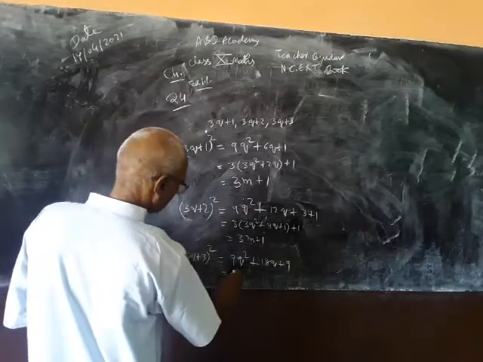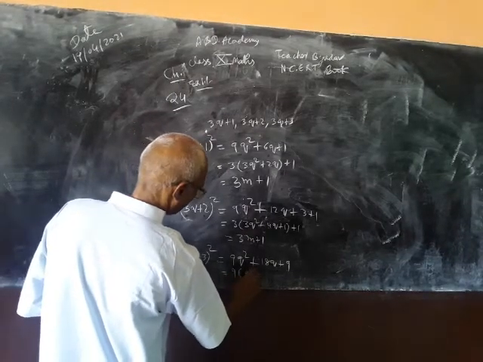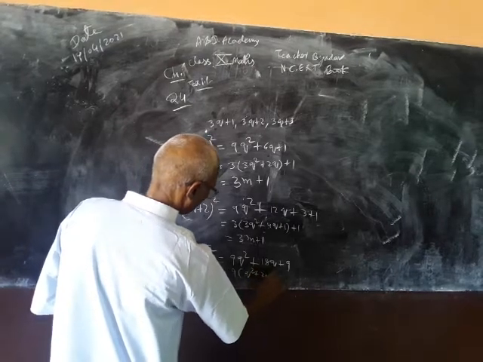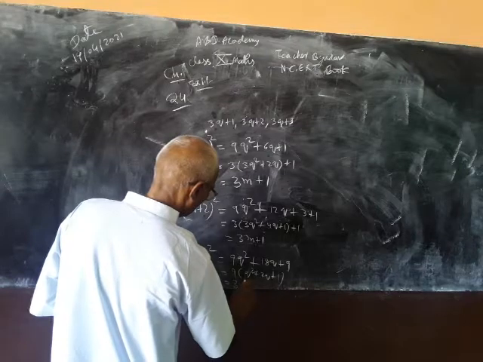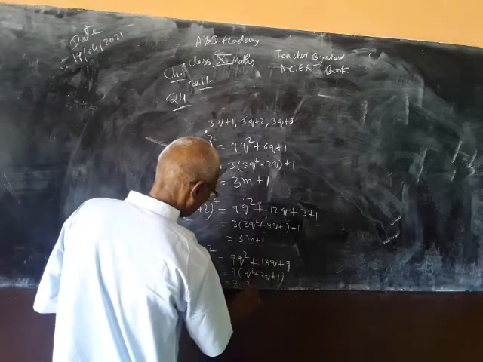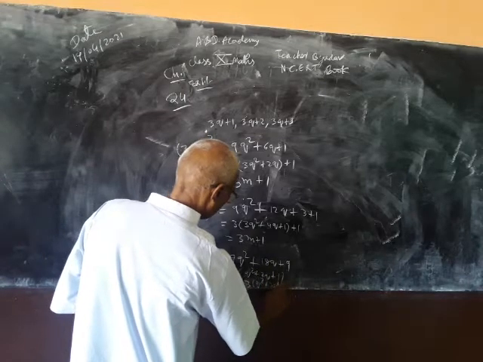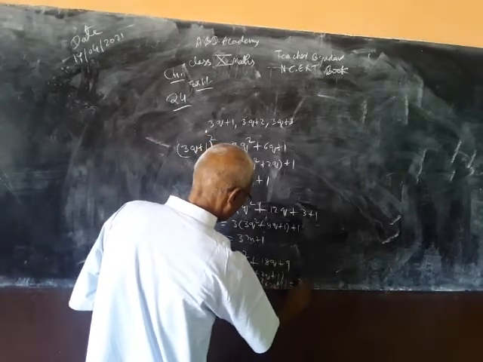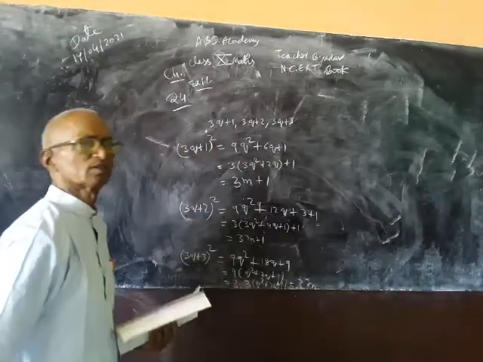By taking 9 common, we have 9 times (q square plus 2q plus 1), which is 3 into 3 into (q square plus 2q plus 1), which is 3m, where m is 3 times that much.